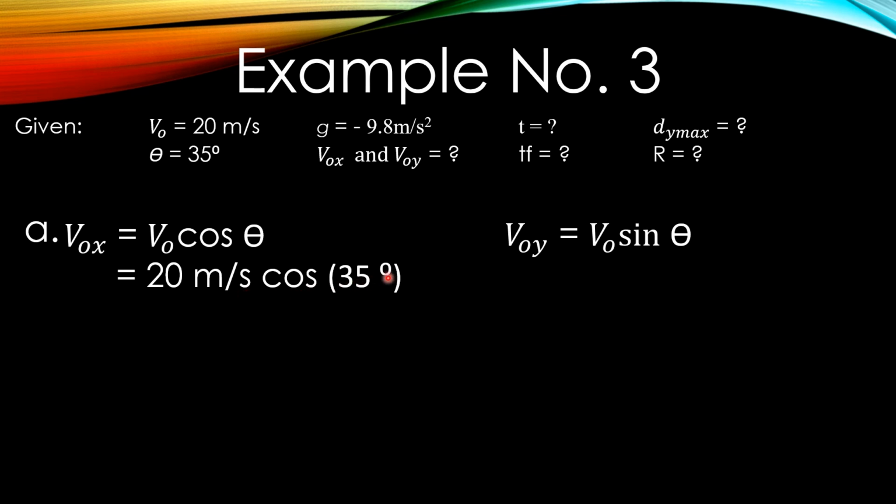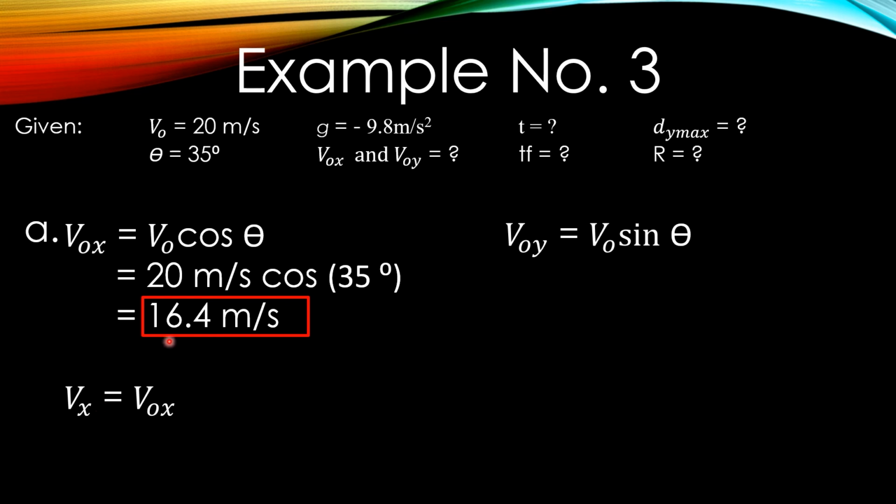The product will be 16.4 meters per second. Take note that instantaneous horizontal velocity is equal to initial horizontal velocity. Therefore, if we have 16.4 meters per second as our initial horizontal velocity, then the value of the instantaneous horizontal velocity is also equal to 16.4 meters per second.